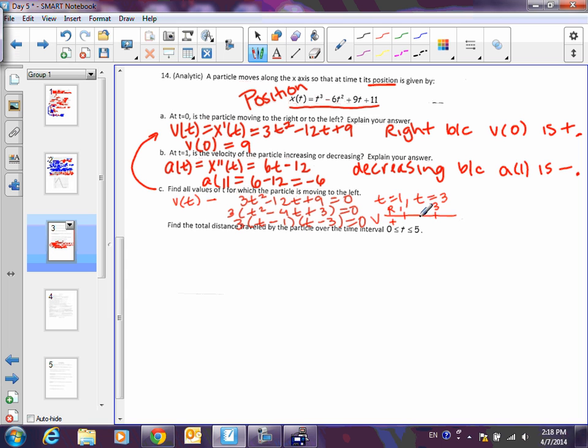What about if you plugged in 2? There's a little bit more calculation. Negative. And they typically flip-flop. So if you're not sure, that's what I would go with. We plug in a number bigger than 3, I get a positive velocity, and again, the particle is moving to the right. Okay, so this is what I want to look at right here.